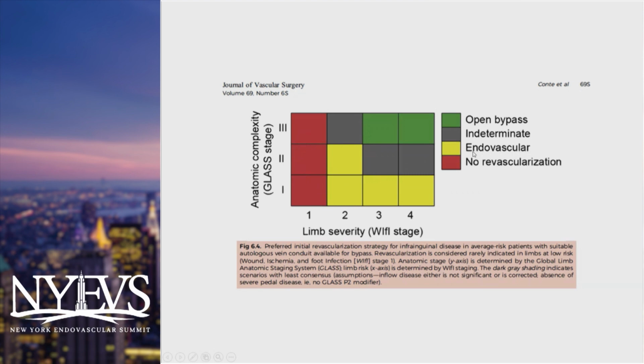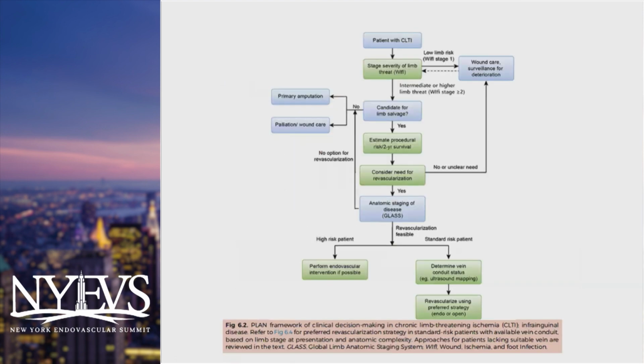They kind of give a layout between endovascular versus bypass. Yellow is endovascular, open, green is bypass, and then you have some indeterminate categories, which again, multiple different teams should be involved in this decision making.